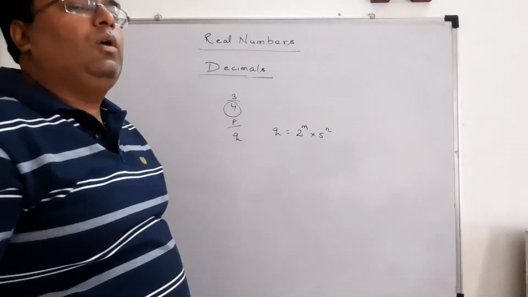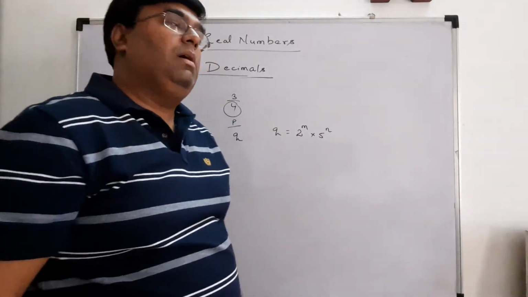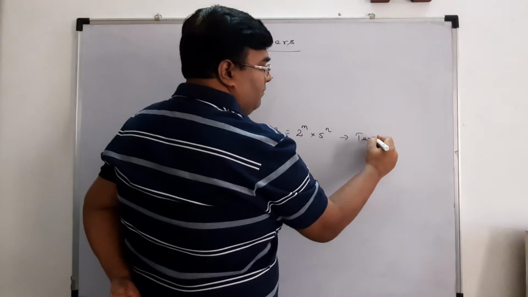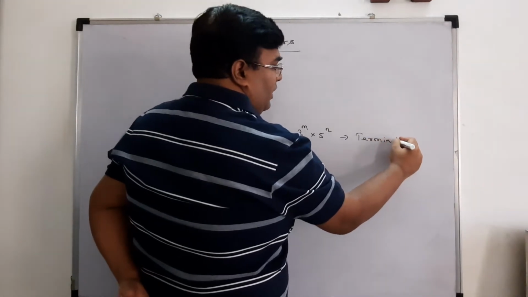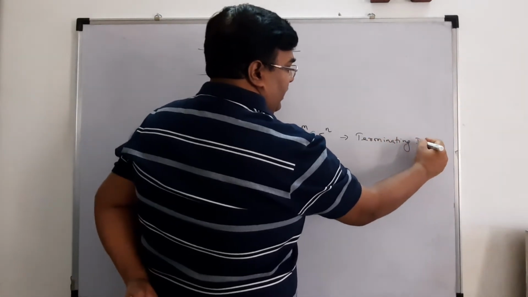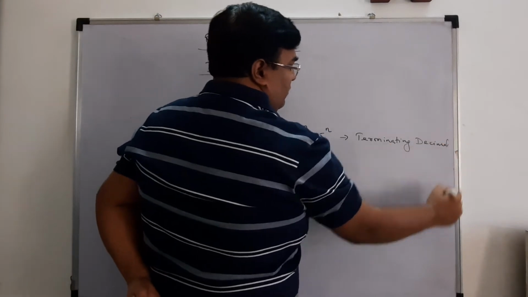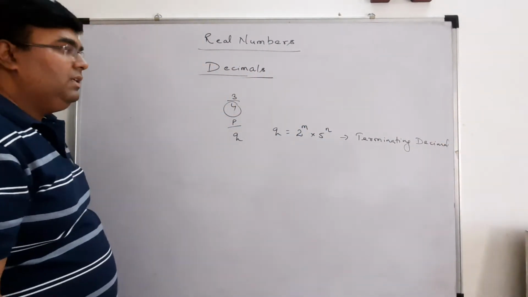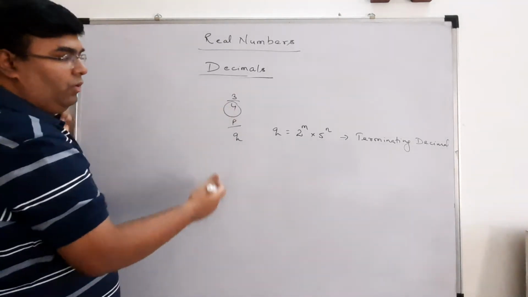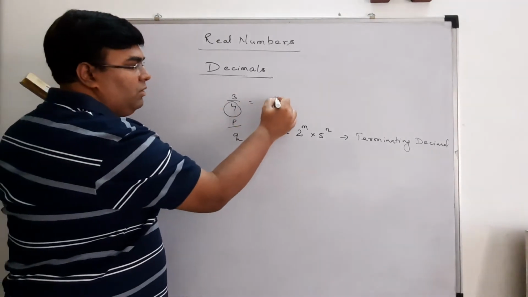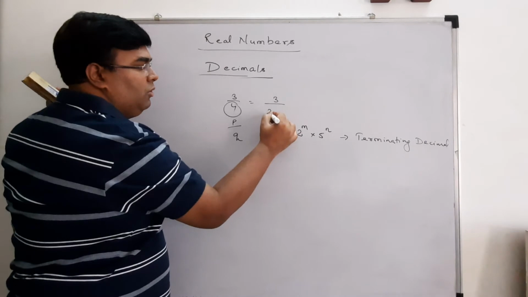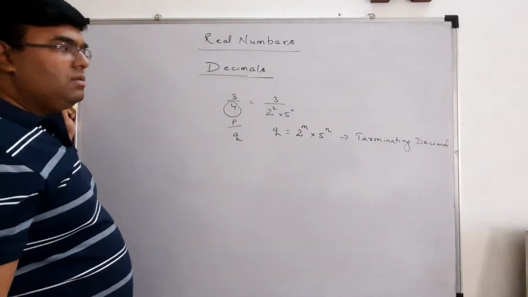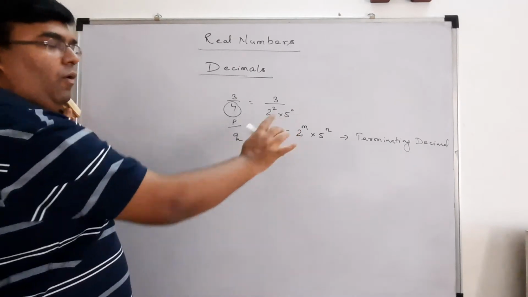Then we can call it a terminating decimal. If q is not in this form, it is not terminating. See, 3 by 4 we can write as 3 upon 2 squared, and the power of 5 is 0. So it is in the form.